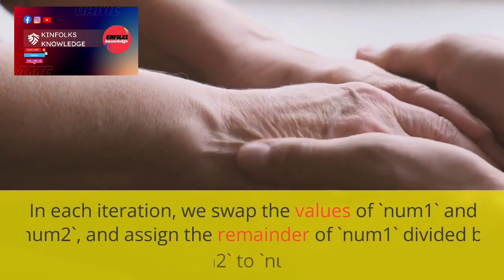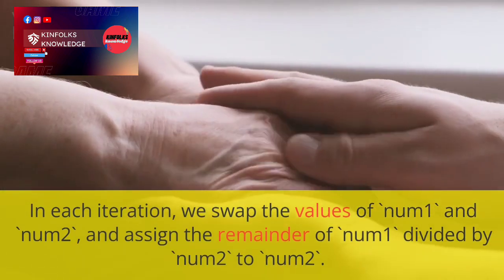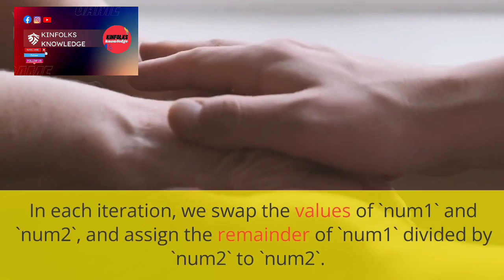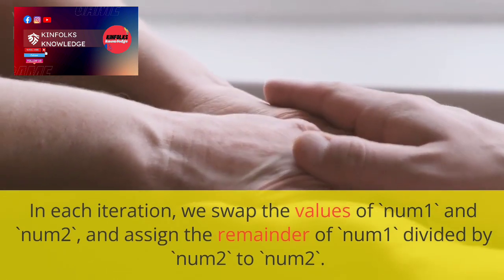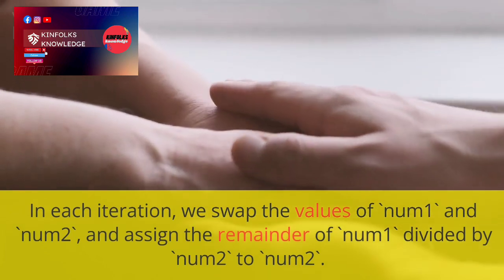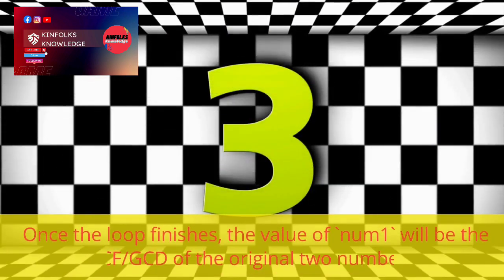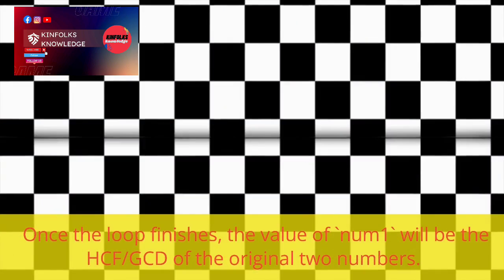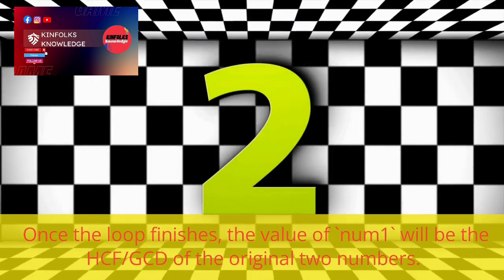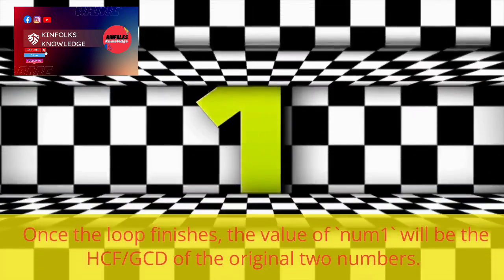In each iteration, we swap the values of num1 and num2 and assign the remainder of num1 divided by num2 to num2. Once the loop finishes, the value of num1 will be the HCF, GCD of the original two numbers.